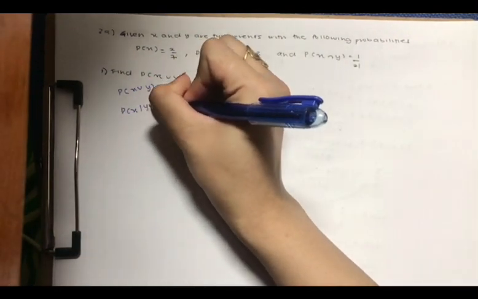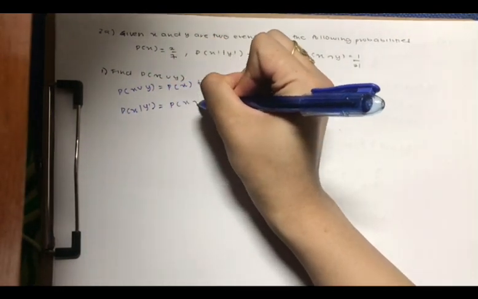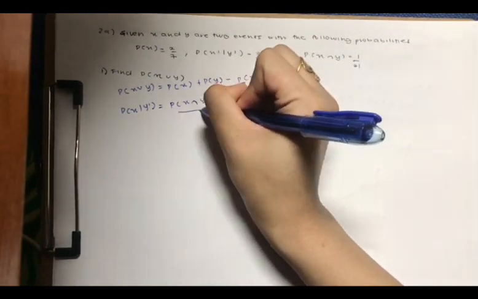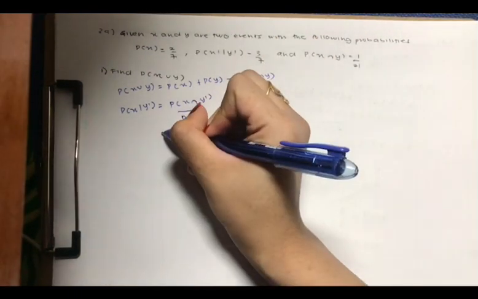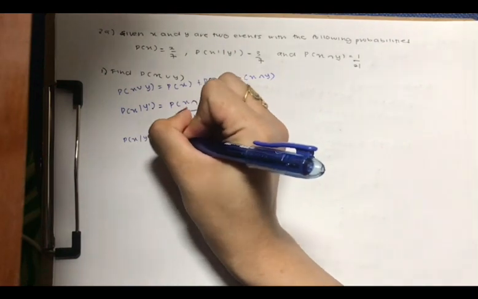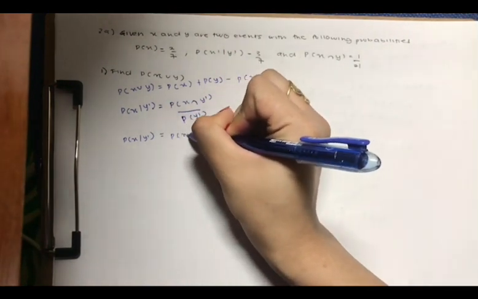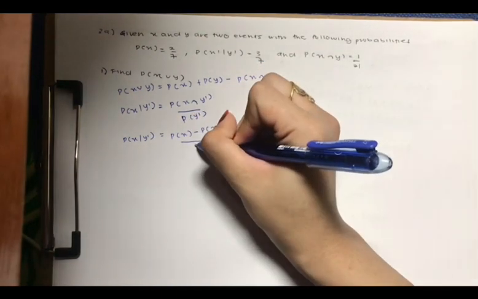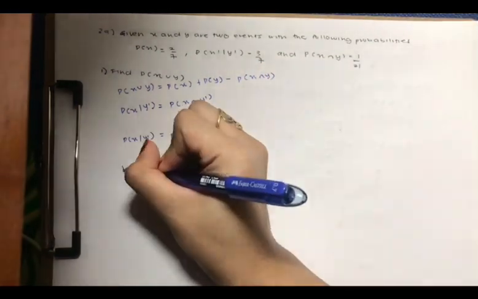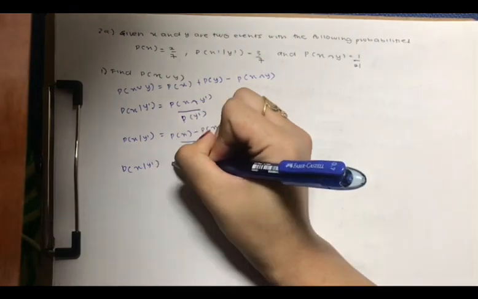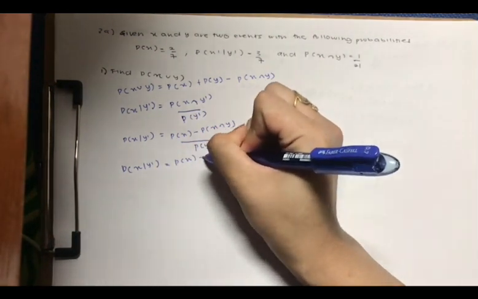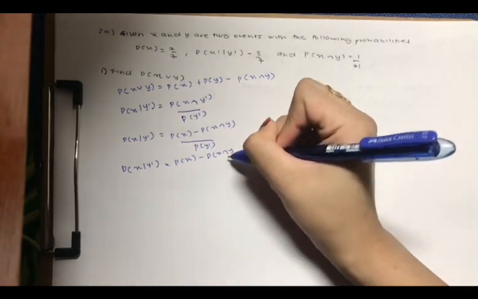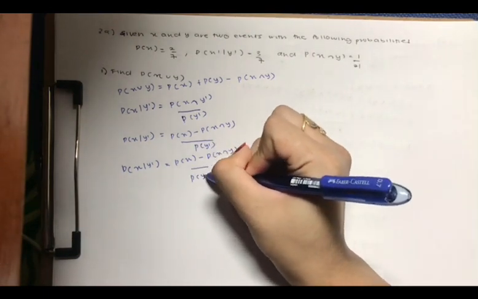P(X given Y prime) equals P(X intersection Y prime) over P(Y prime). P(X intersection Y prime) equals P(X) minus P(X intersection Y), over P(Y prime). So P(X given Y prime) equals P(X) minus P(X intersection Y) over P(Y prime).